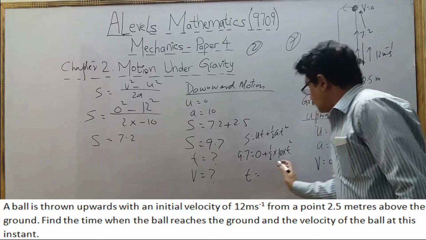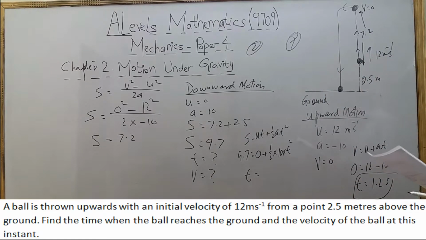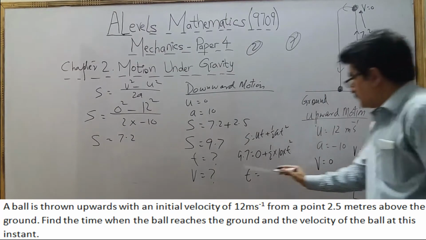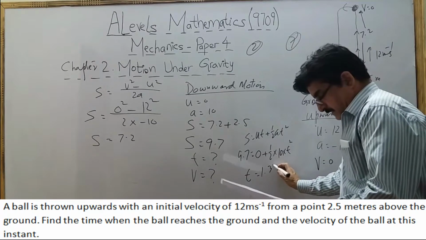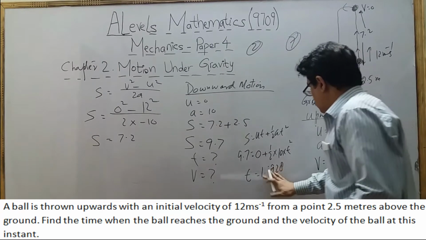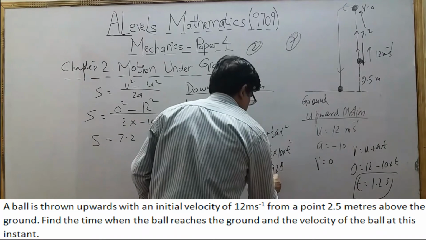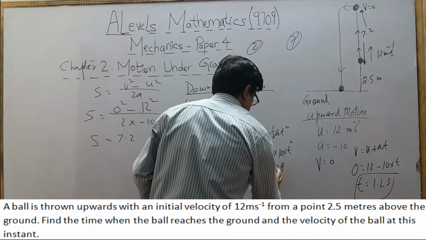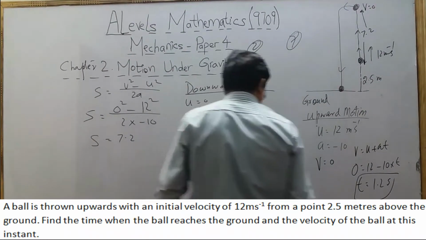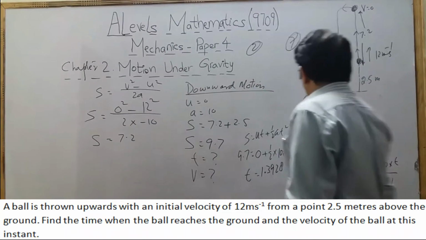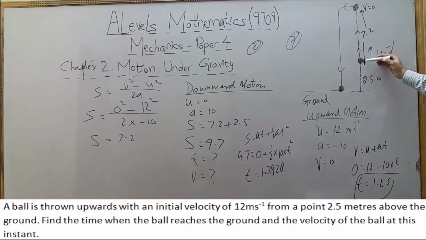From here, using calculator, you can find the value of time to be 1.3928.